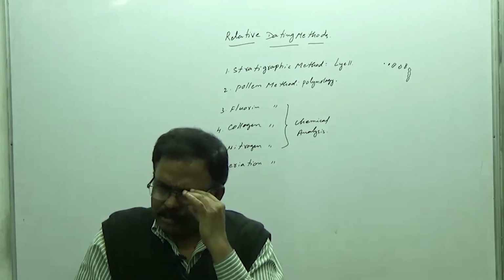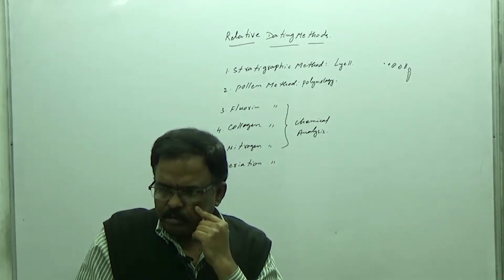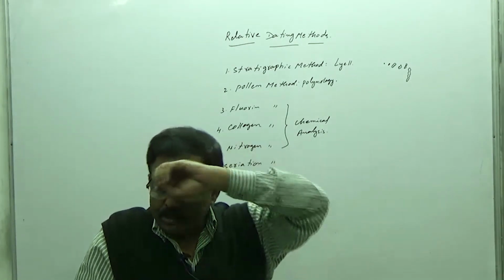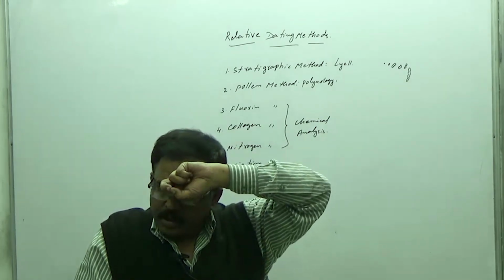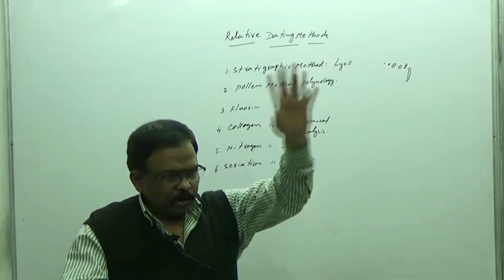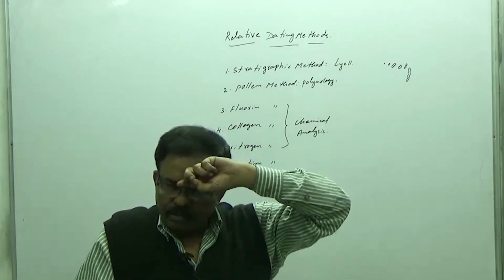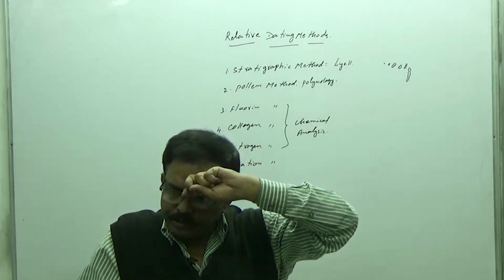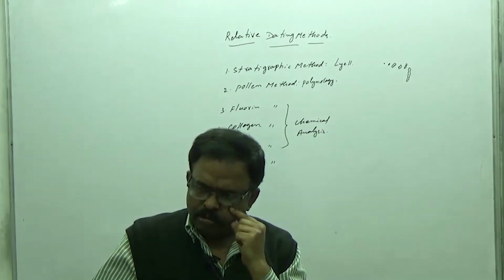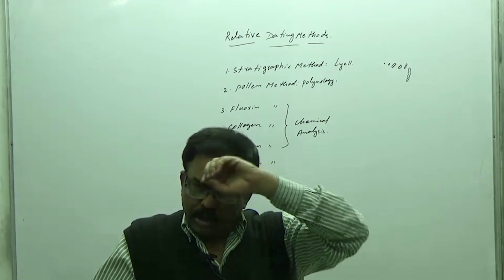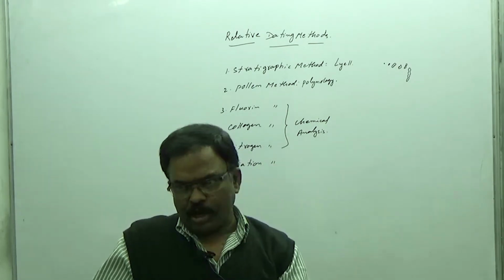Some people will die, sure. Then somewhere they have to be buried. There is a burial ground. If you dig and analyze the burial ground, then we can understand. So in some bones, high fluorine, that means the oldest one.